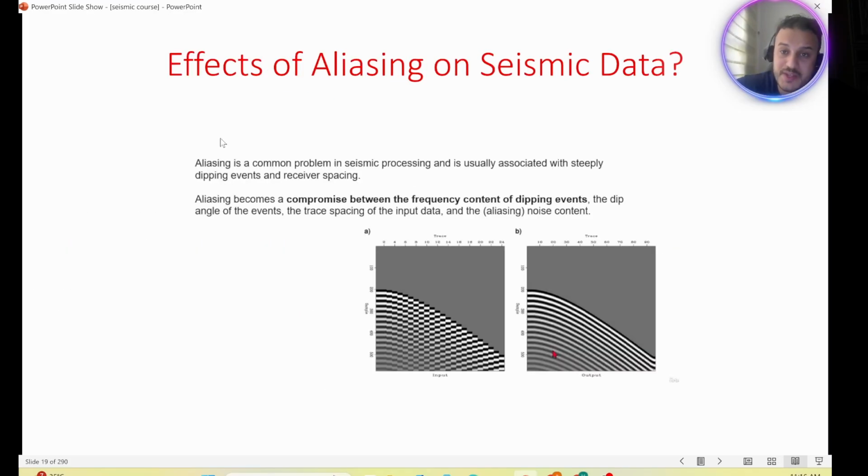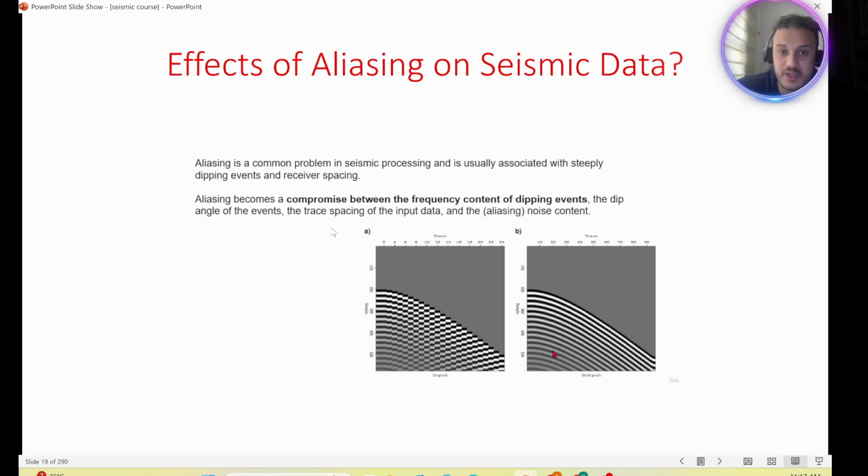Now, the effect of aliasing on seismic data. Aliasing is a common problem in seismic processing, and it is usually associated with steeply dipping events. If you have a flat surface, the dip is zero, but if you have a sliding surface like a fault, you will have, for example, 45-degree dipping. So it depends on the dipping and the receiving distance from the surface to the geophones.